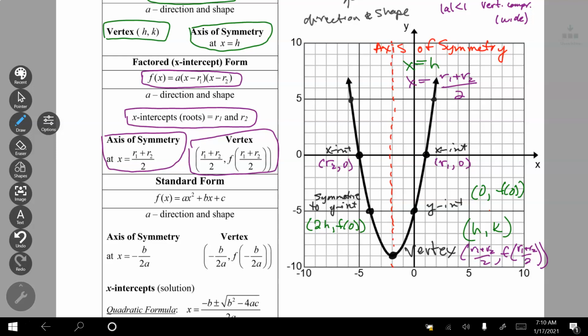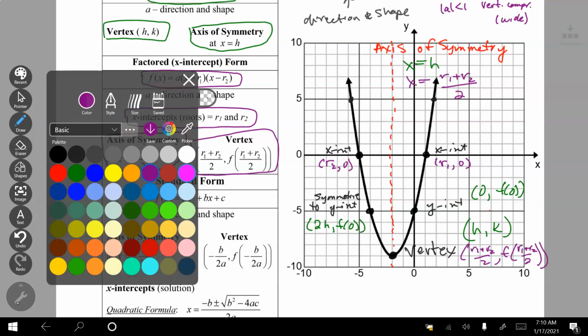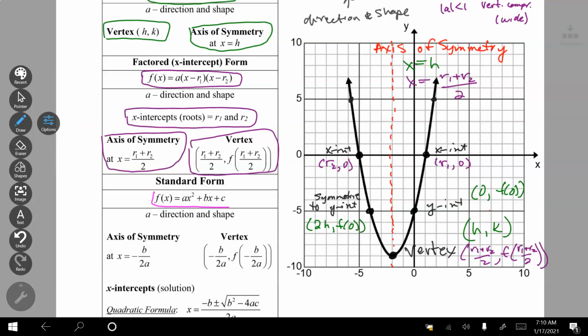Okay. The other thing I have is standard form, which I don't use that often, but I can. And standard form is ax squared plus bx plus c. Now, it doesn't give me the vertex, it doesn't give me the x-intercepts, it doesn't give me any of that.